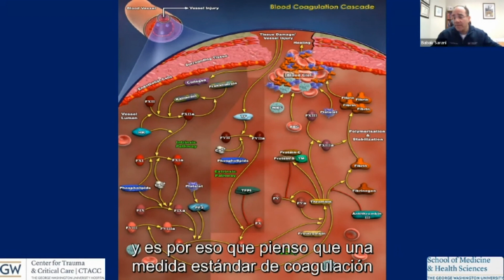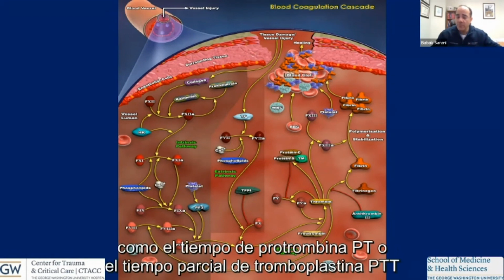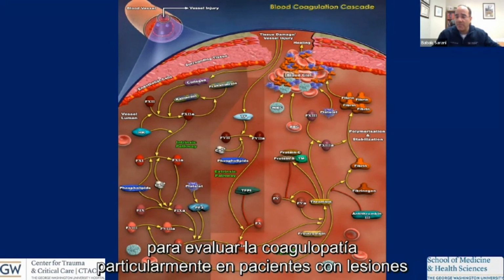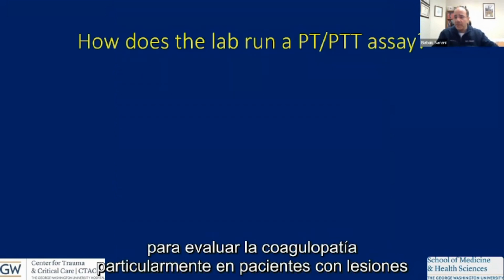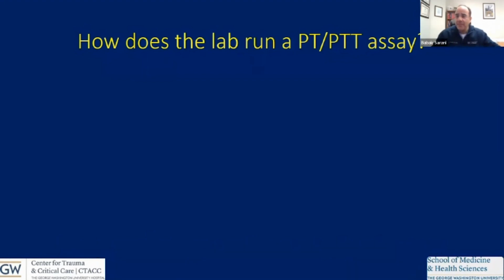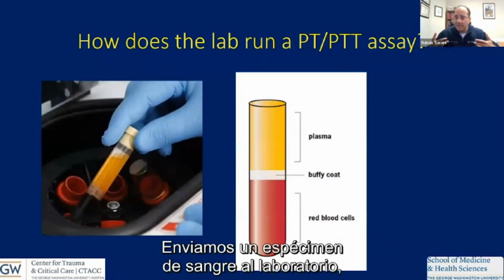And that's why I think a standard coagulation measure like a prothrombin time or a partial thromboplastin time, PTT, really is not sufficient as a way to assess coagulopathy, particularly in injured patients. If you ask what happens when we order a conventional coagulation test, here's what happens. We send a specimen of blood to the laboratory.